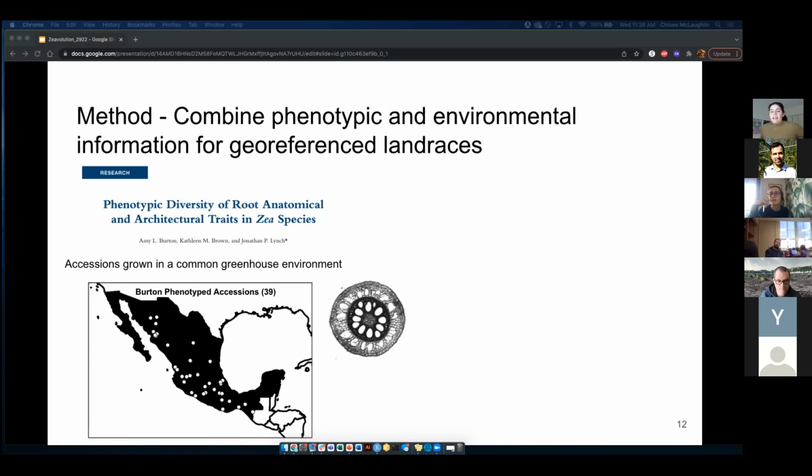I think the way we're looking at it right now is more of a validation set: we predict an individual from this location to have this size parenchyma area, and when we grow it, do we also recover that the one from the Yucatan has it? Okay, you will not use crosses to validate the locations, like the GWA or EGWA that you ran? That's an idea for later on.